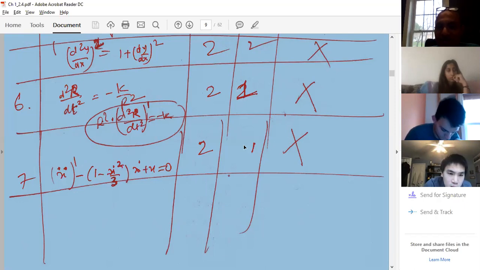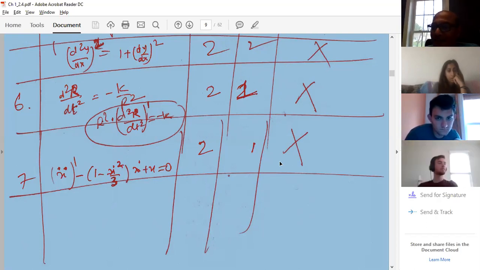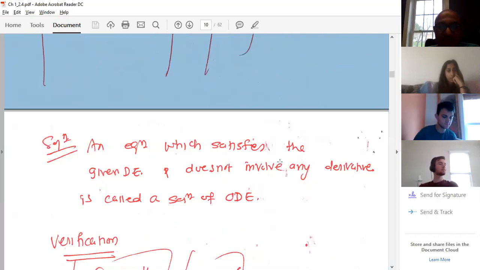Power is 1, degree is 1. Because x dot squared is there, x dot and this one are multiplied, so it is non-linear. Agree? Clear? Good.